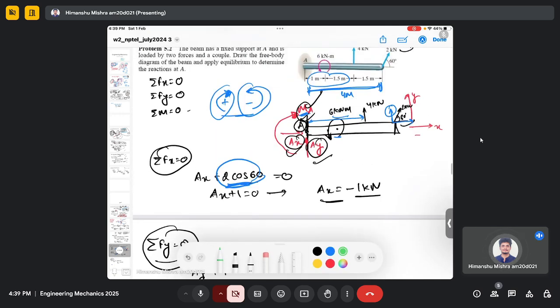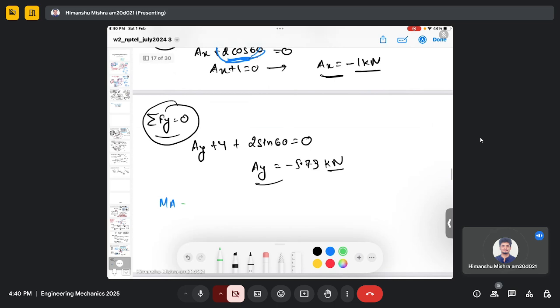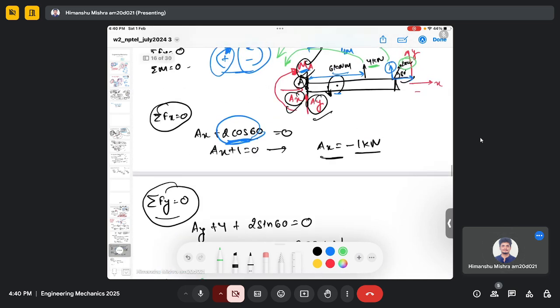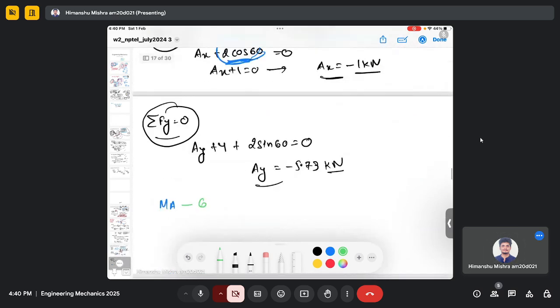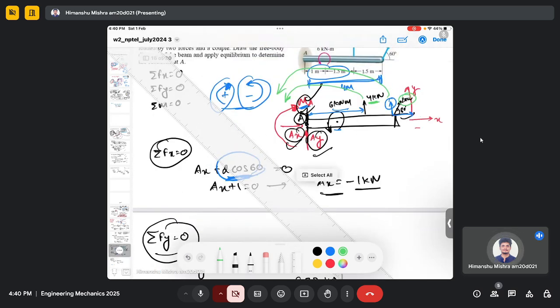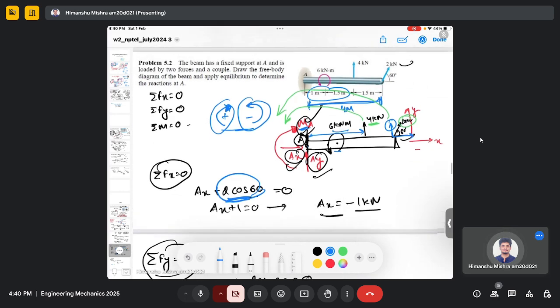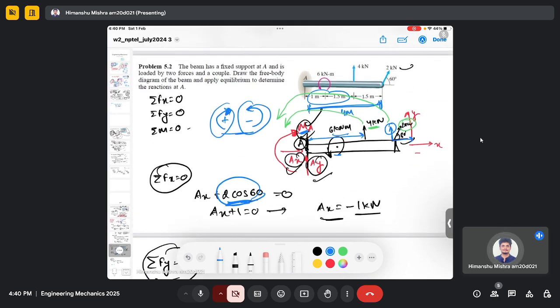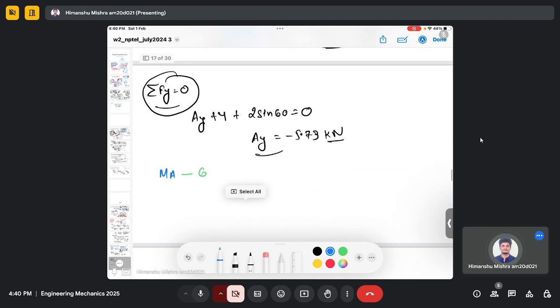It is positive because it is clockwise. And the moment due to the 4 kilonewton force will rotate like this about point A, which is anti-clockwise. And the same goes with this force, again anti-clockwise. So the moment due to the 4 kilonewton force and the vertical component of 2 kilonewton is negative. We also need to consider this moment, and it is counterclockwise, so it is already a minus 6.